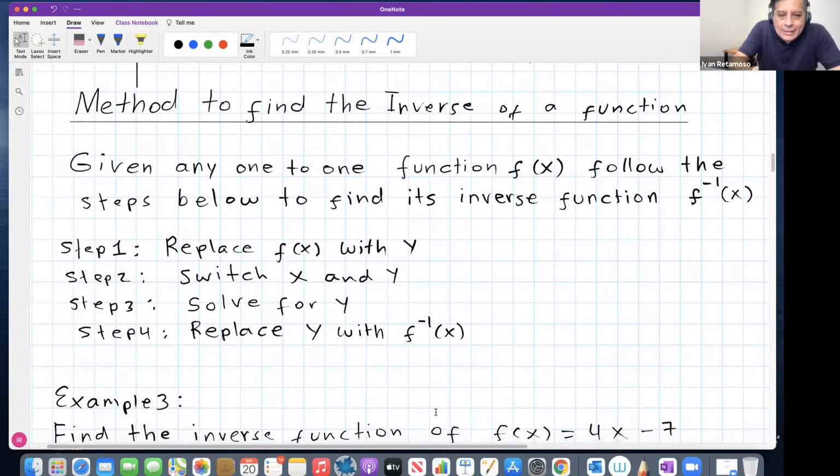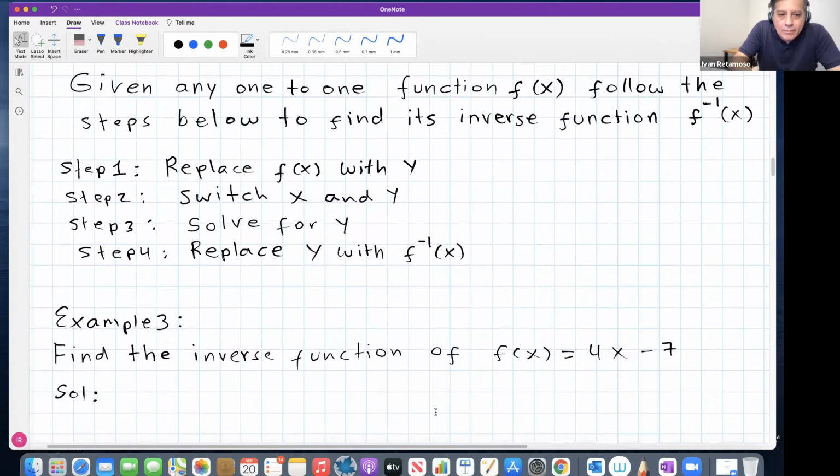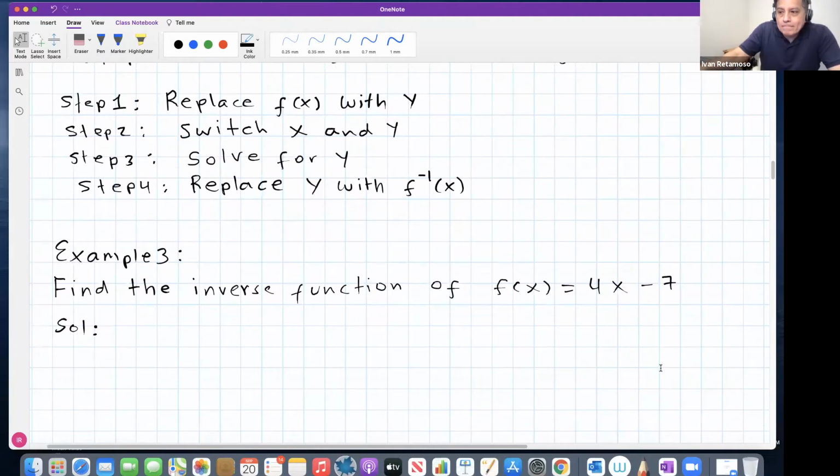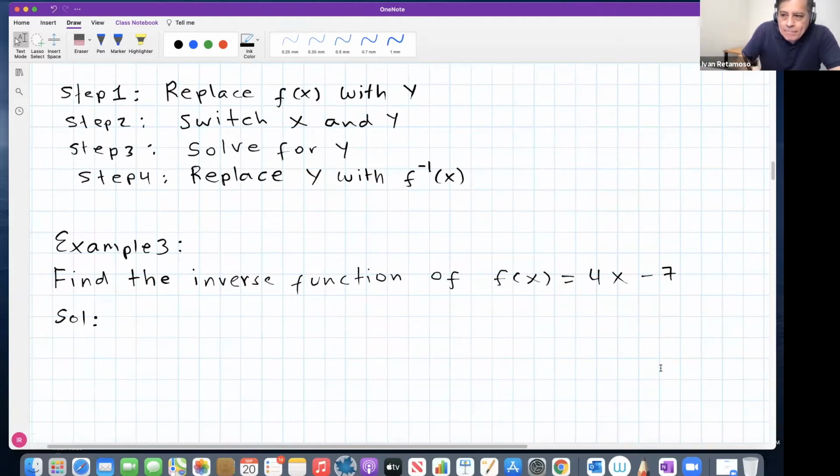All right, so let's explain how this method works. Example 3, find the inverse function of this function, 4x minus 7. So, solution, start with step 1, right? Let's write a function here, f of x equals 4x minus 7, right? This is the original function.